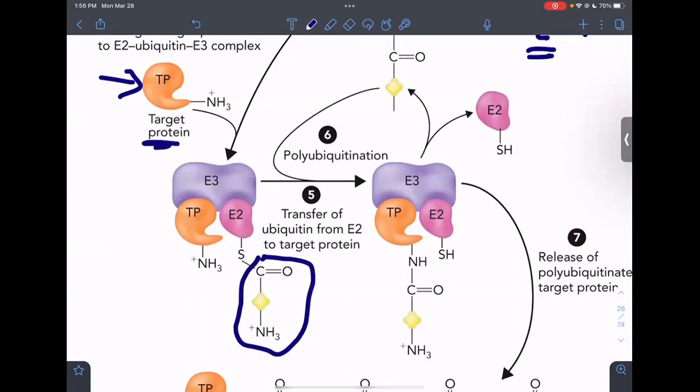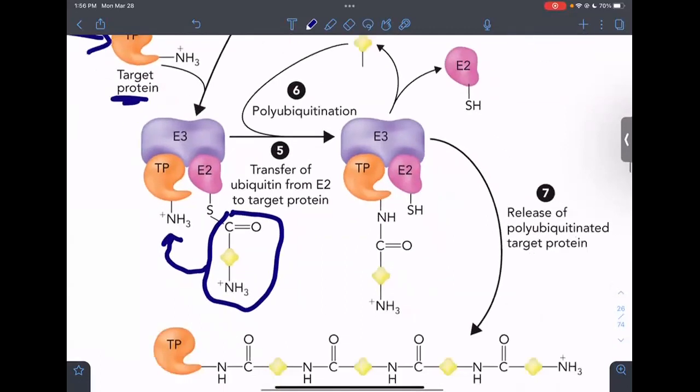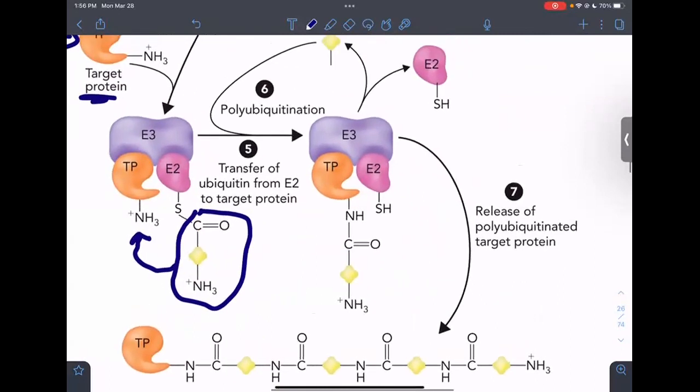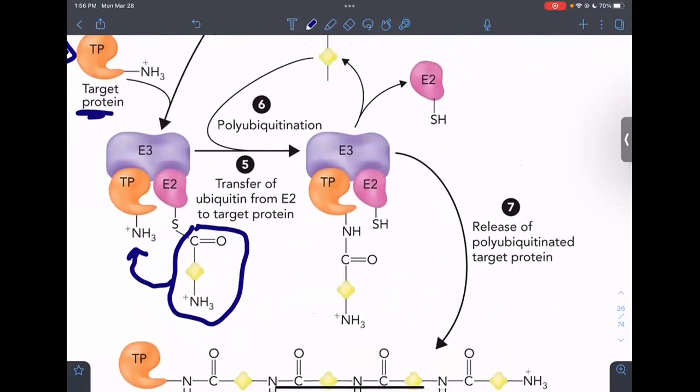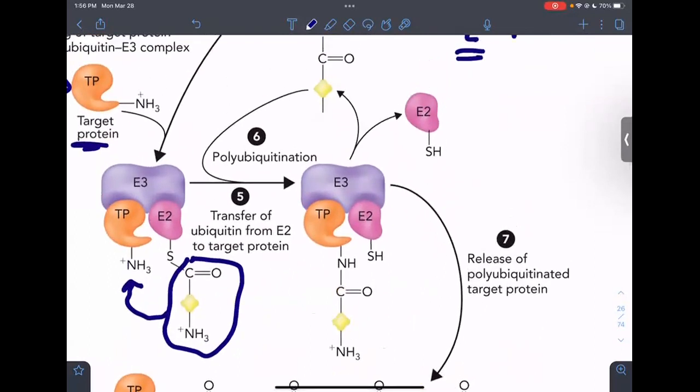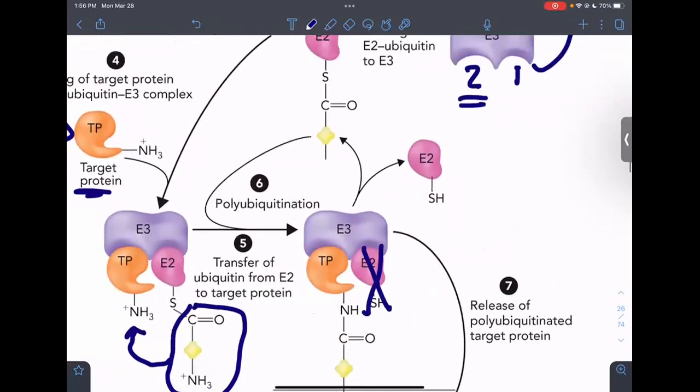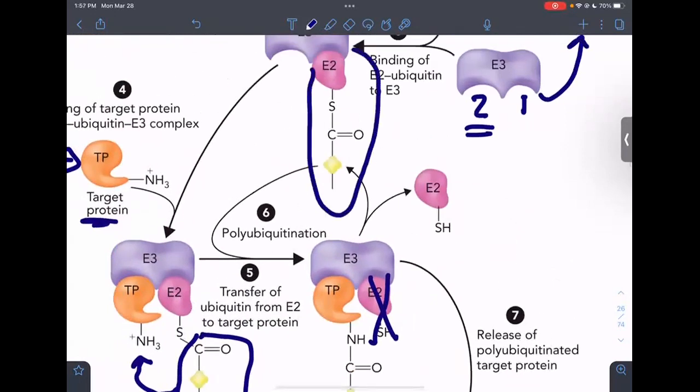So we're going to take it from E2, and we're going to add it to our target protein. So once we do that, the first go round, we only have one ubiquitin molecule attached. So we're actually going to kick out this E2, pick up a new E2 that has a ubiquitin already attached to it, and then transfer it.